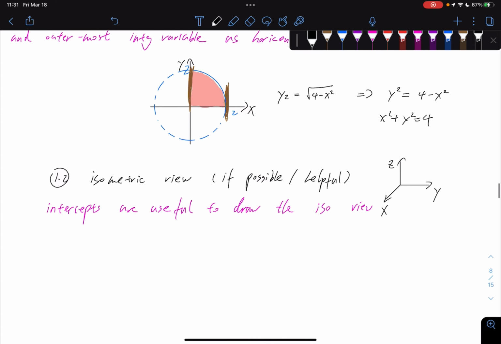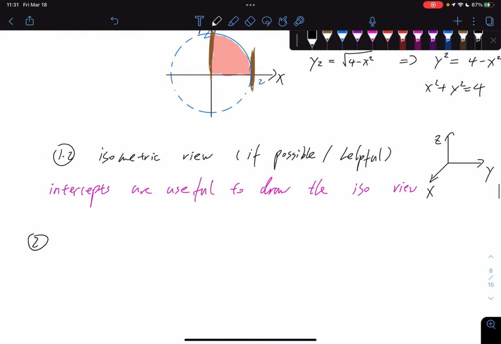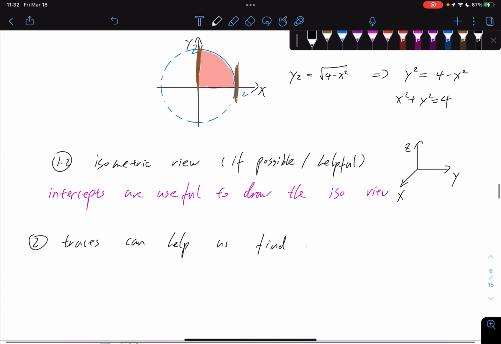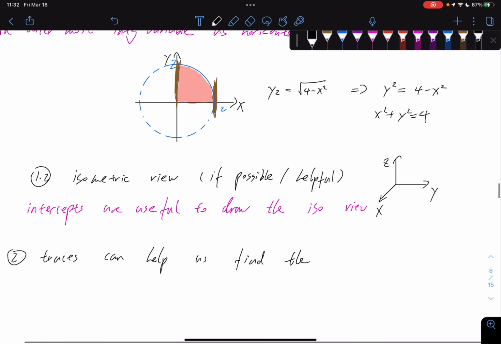So the third step is to find. The second step is to find the bounds of integration using the trace, right? So the trace can help us to find the bounds of theta and r.